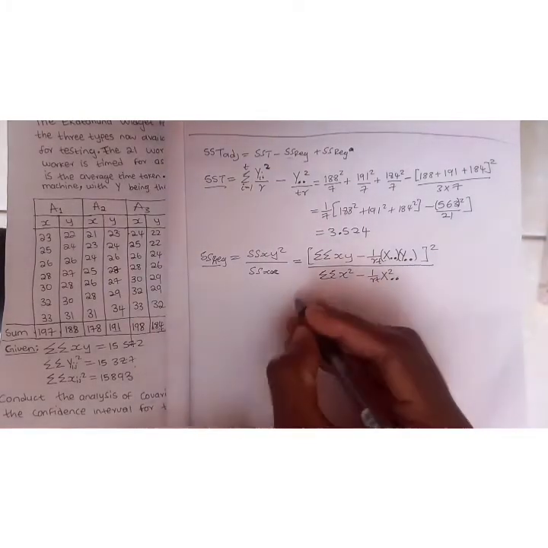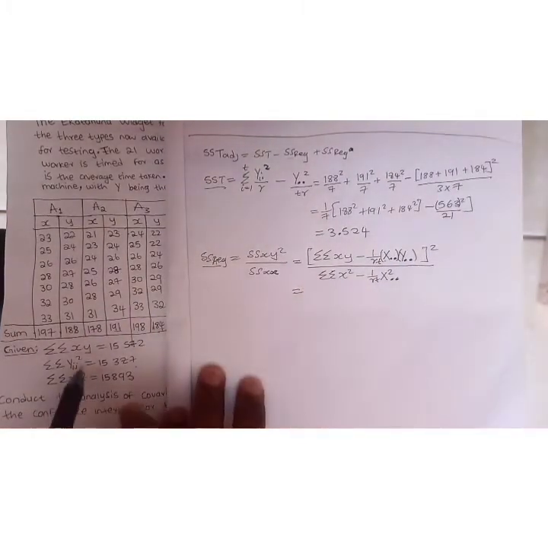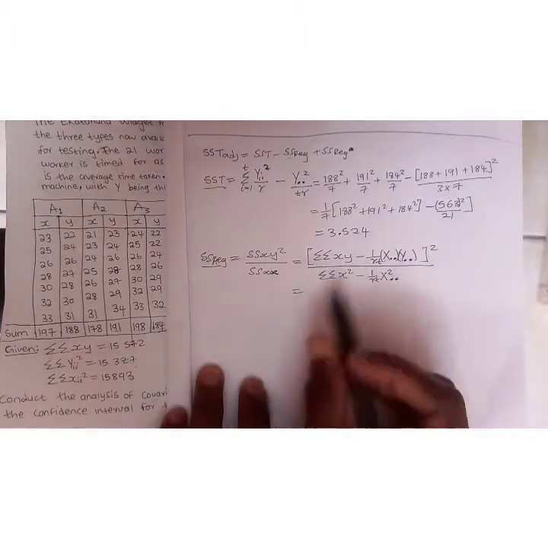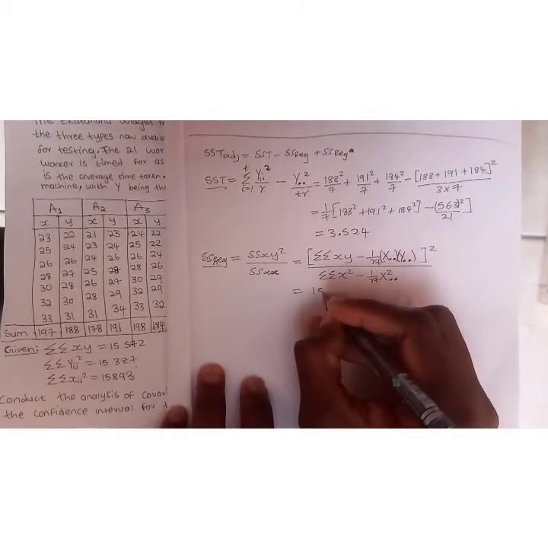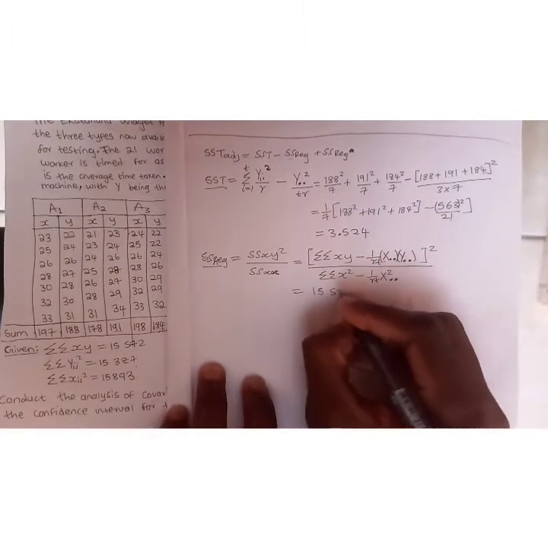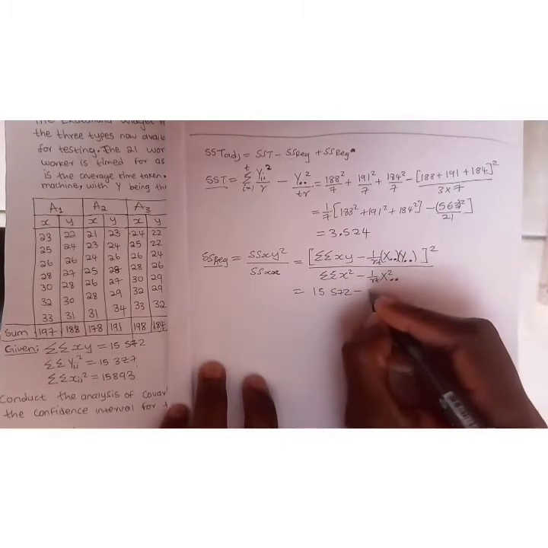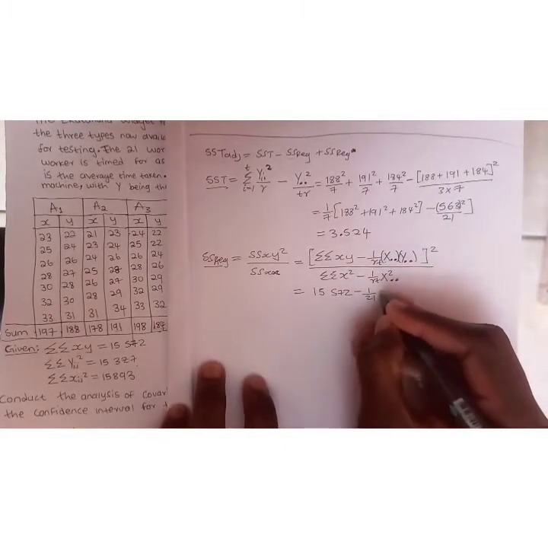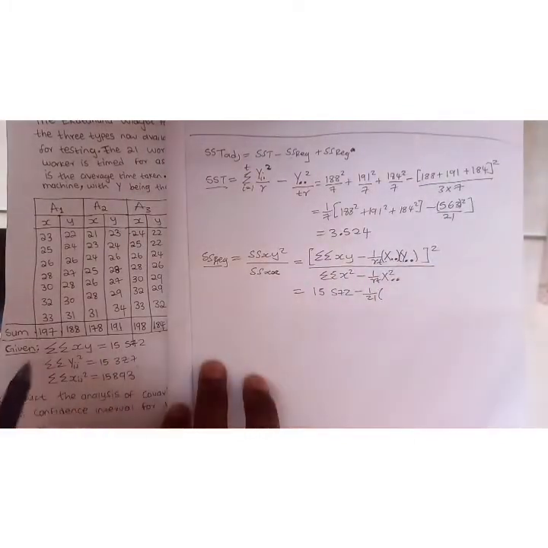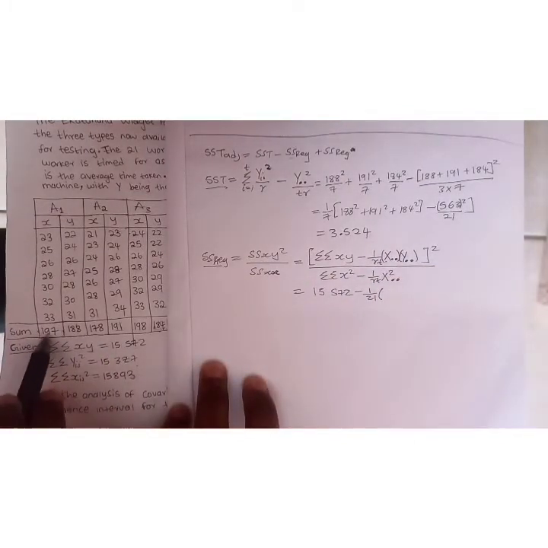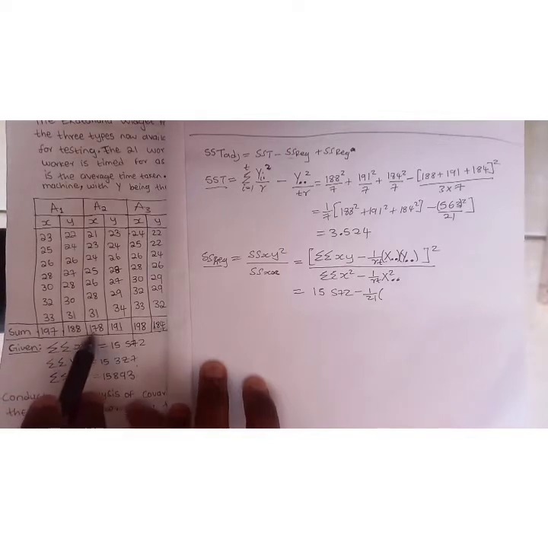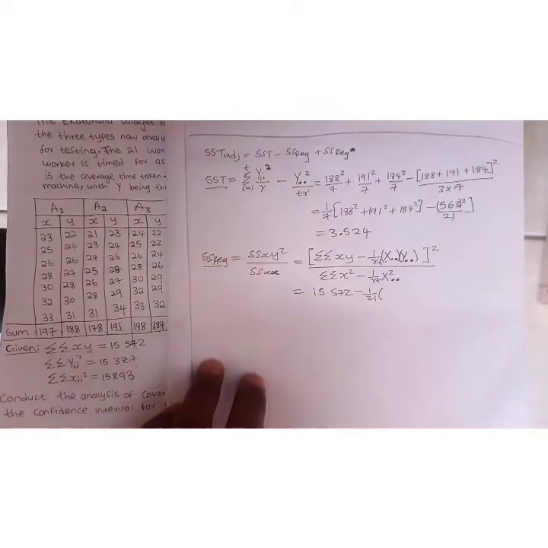As you can see, we already have this value here. For this part, it's 15,572 minus 1/21 times... we add the overall sum for this: 197 plus 178 plus 198. What do we get?